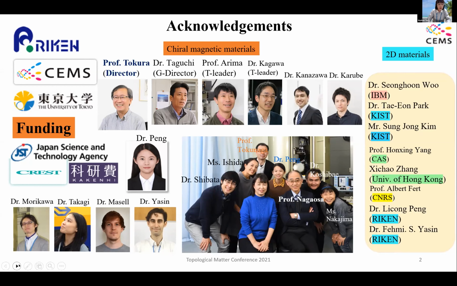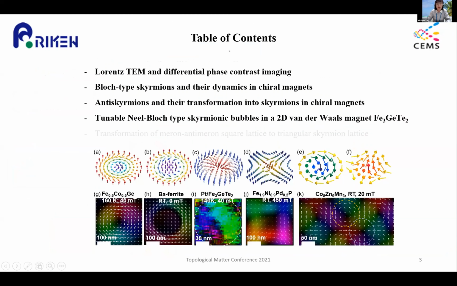So here I show you the table of contents of my talk. First I will take some time to introduce two real space imaging methods. One is Lorentz TEM, which I think is now popular in the world to probe magnetic spin textures. The other one we call differential phase contrast.